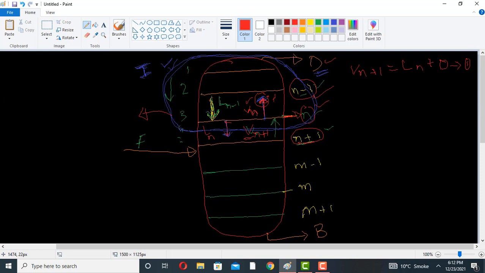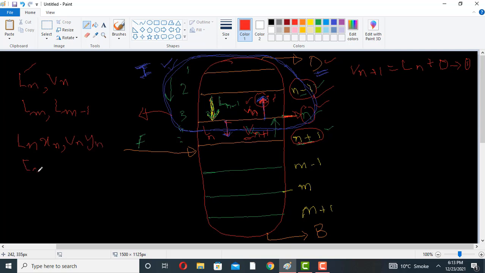Now we are using Vn, Ln, and Ln minus 1. The mole fraction of the Ln stream is Xn. For liquid we use X, and for vapor we use Y. Similarly, the mole fraction of the Vn stream is Yn.